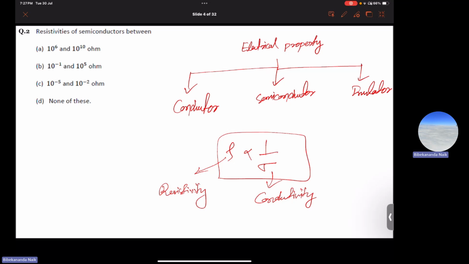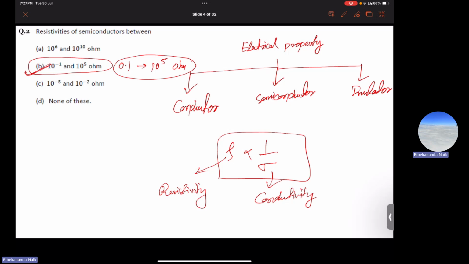The resistivity of semiconductor materials lies between 10 to the power minus 1 to 10 to the power 5 ohm. So 10 to the power minus 1 means 0.1 ohm to 10 to the power 5 ohm. This is the correct option.